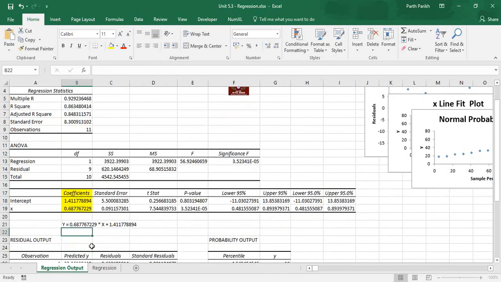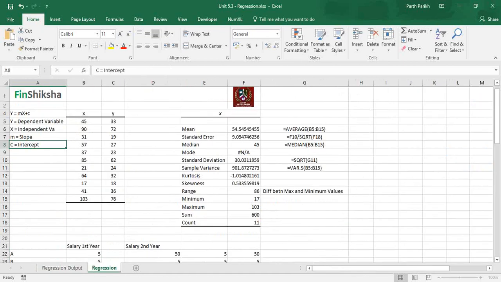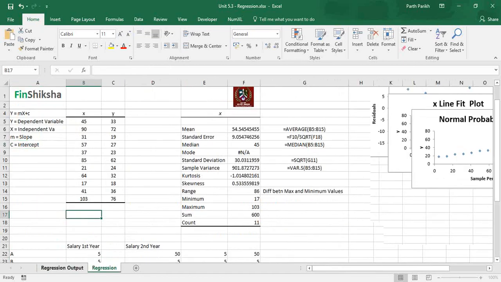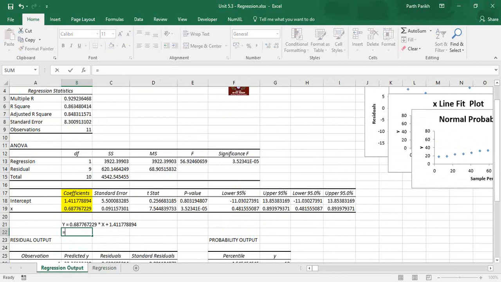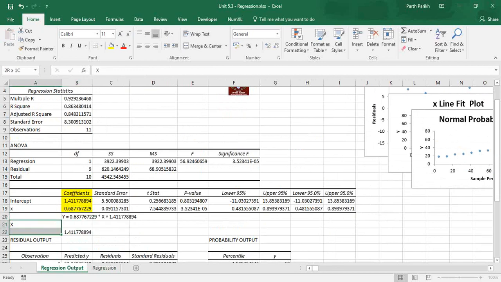Now what does this equation signify? Let's say I want to forecast what is going to be the value of y if the value of x is 120. Then I simply put this in the equation. So this multiplied with this plus c, and this is the value of x, assume. This is your equation, this is the value of x which you are going to put in, and this is your output, the value of y.